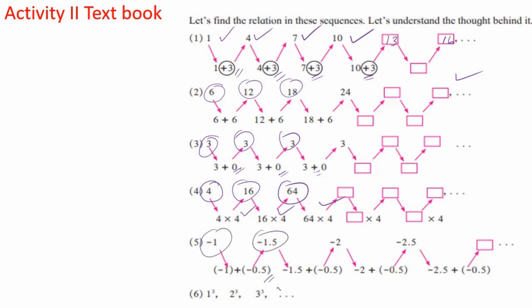Here it is cube root of each number. Now, to get the predictable number in case number 1, 2, 3 and 5, we are having addition or subtraction, correct? But in the case of the fourth one, it is multiplication. In the case of the sixth one, it is cube root.